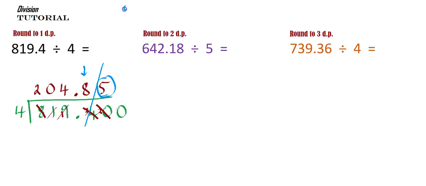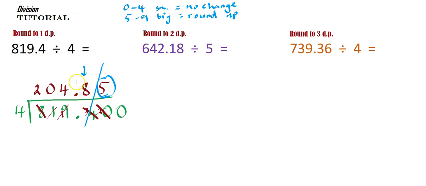Now, if the indicator number is between 0 and 4, it's considered a small number in the sense that the digit in question, so in this case in the first decimal place, no change. It stays as it is. If it's from 5 to 9, we would consider that big, and in that case, we'll be rounding up.